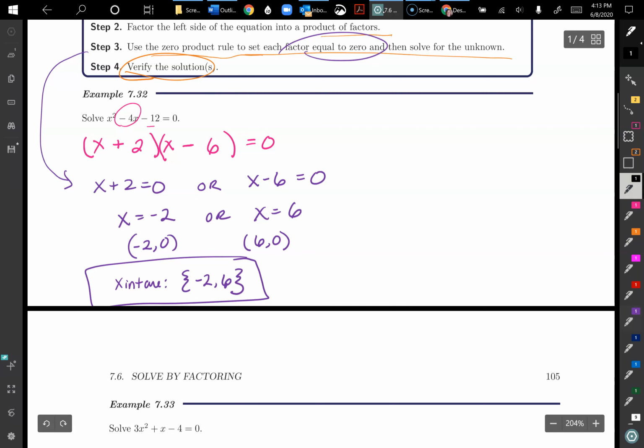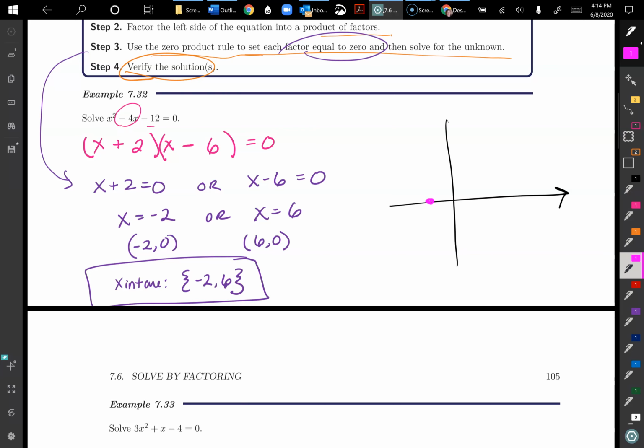If I were to quick graph this, just do a little sketch here, I would know that I would have an x-intercept at negative 2. I would know I have an x-intercept at x equals 6. I know it opens up like a U shape, like a smile, because a is positive and we're happy. And then I also know if I plugged 0 in, I could find my y-intercept really quickly.